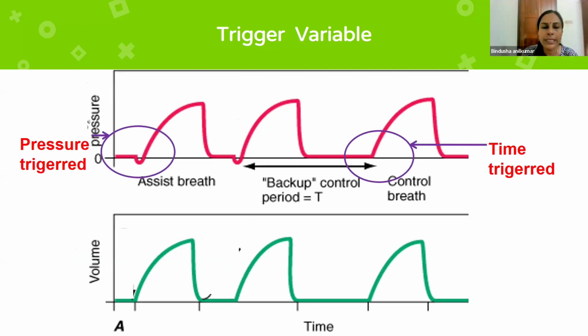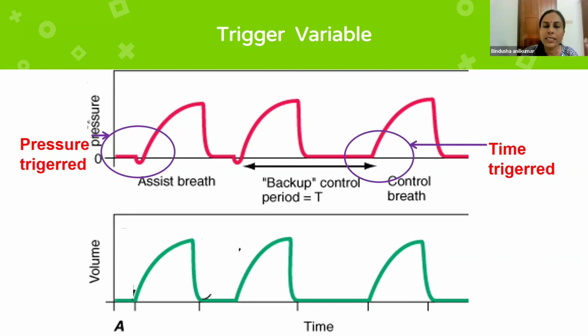When the patient starts breathing in, you are connecting the patient to a ventilator and there is a circuit. So when the patient starts breathing in, there will be a decrease in the pressure. In a closed circuit, if the patient is breathing in, there will be a decrease in the pressure, which will be detected by the ventilator, and that will act as a pressure trigger.